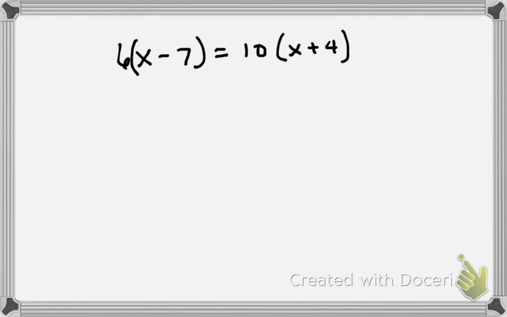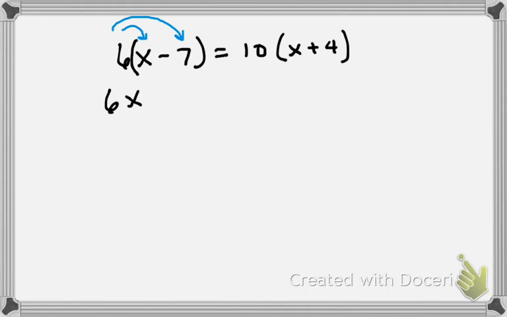Alright. This one right here has distributive because you can see the parentheses, and because there's a parentheses you know you have to distribute something to it. So we're going to take our 6 and multiply it to x, and we're going to get 6x. Then we're going to take our 6 and multiply it to negative 7.